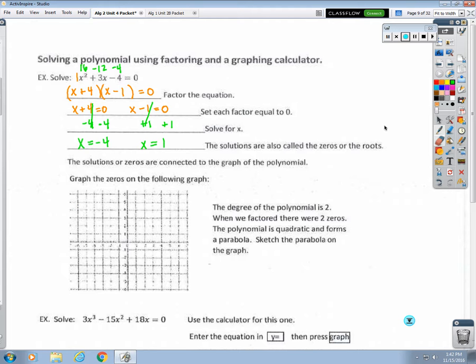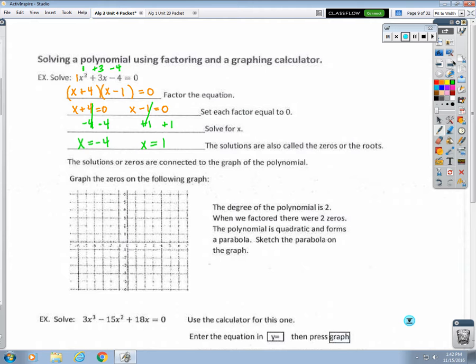Yes. And if I plugged in a 1 in both of the x's, 1 squared is 1, 3 times 1 is 3, and then minus 4. So is 1 plus 3 minus 4 equal to 0? Yes, that's why those are the solutions, because they make the trinomial equal 0.